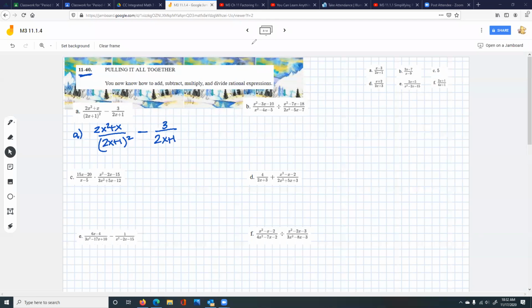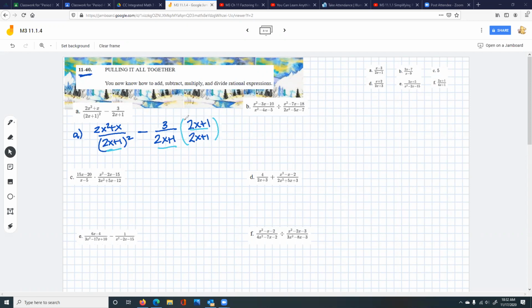If we notice that they both have a 2x plus 1, but this one has 2 of them, so we need to multiply this side by another 2x plus 1. So 2x plus 1 times 2x plus 1, to get 2 of them, because we need 2 of them, not just 1, to make a common denominator.